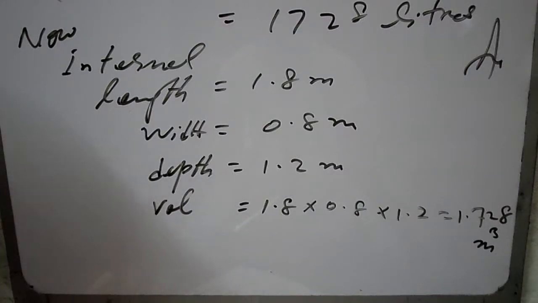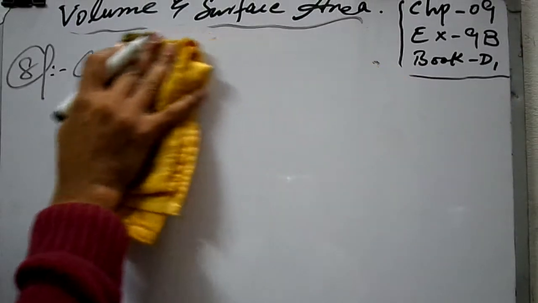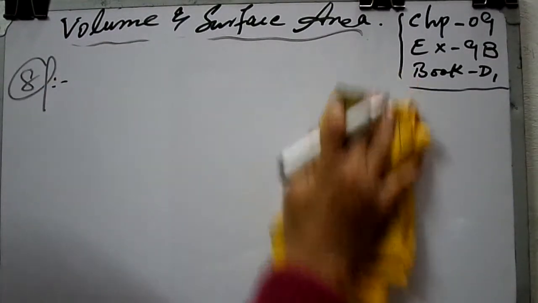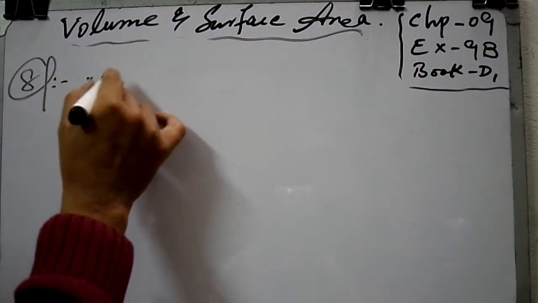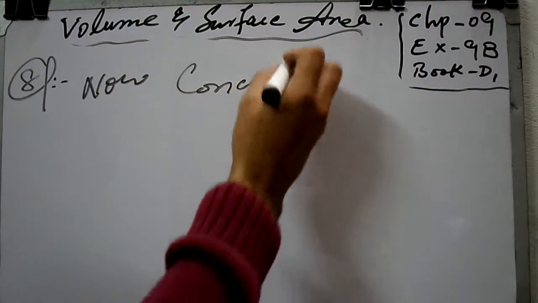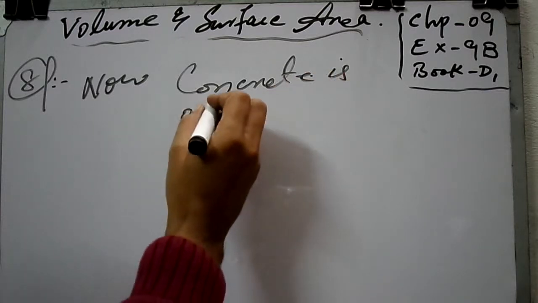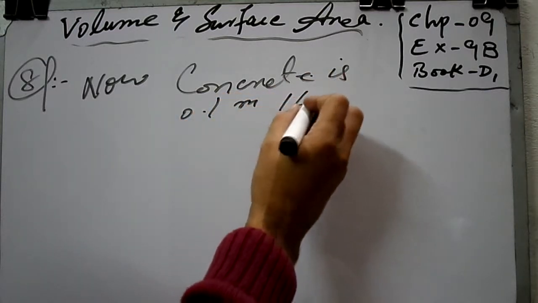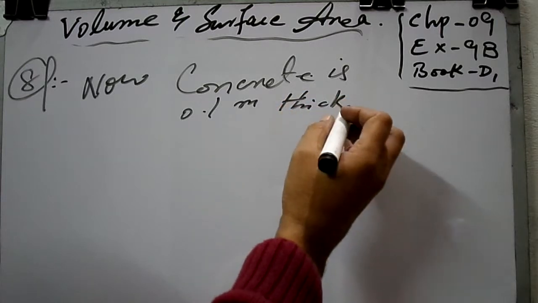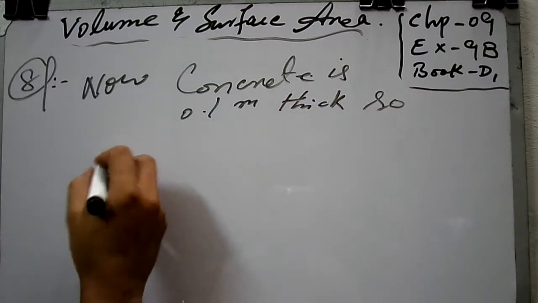Now the concrete is 0.1 meter thick, so the external dimensions will be larger.